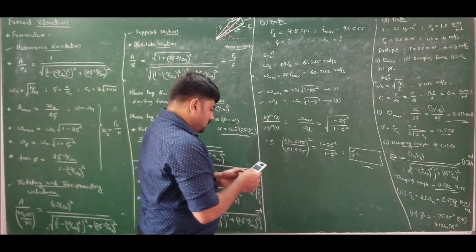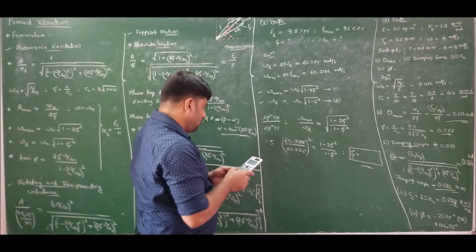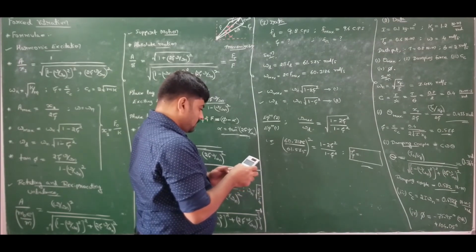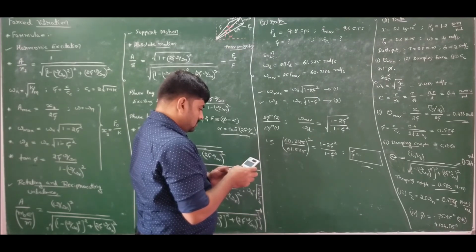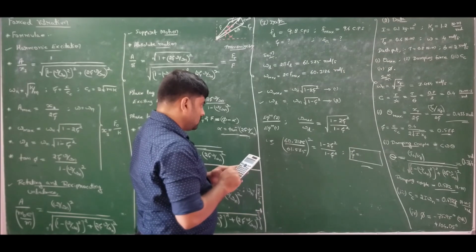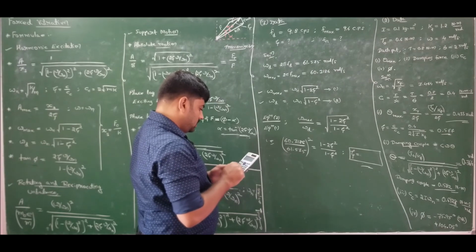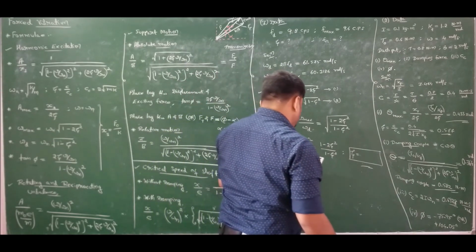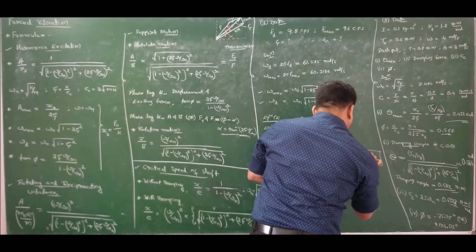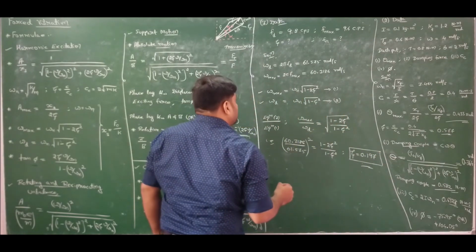So what is the value of zeta? 60.3186 divided by 61.575, square, is equal to 1 minus 2 zeta square divided by 1 minus zeta square. Solving, I get the value of zeta as 0.197. Now I can find the value of fn.